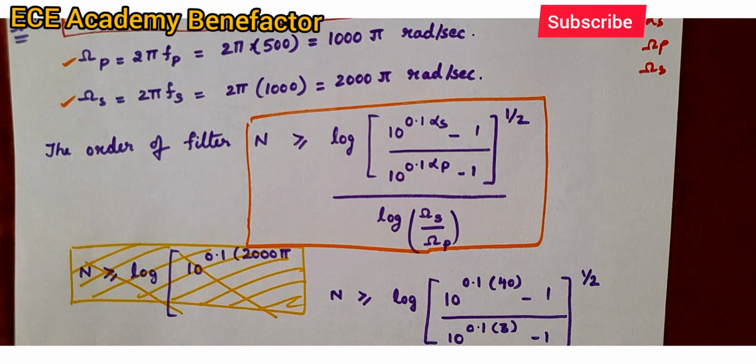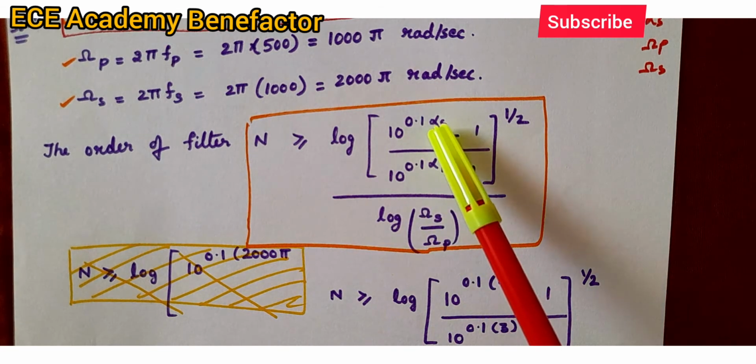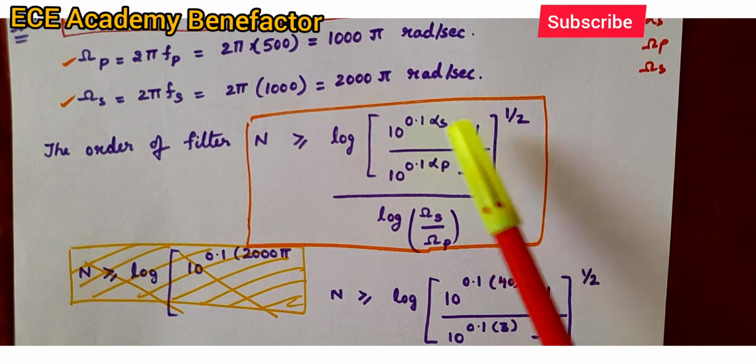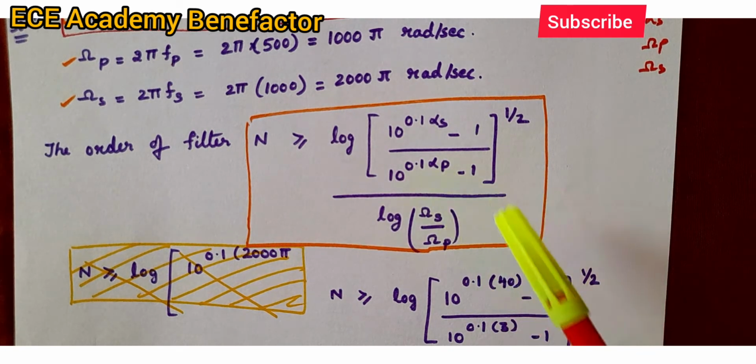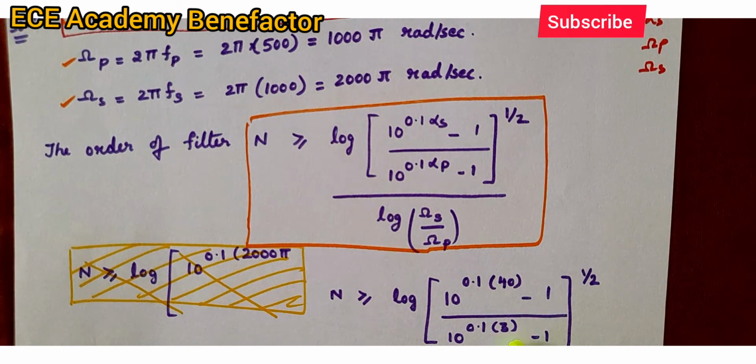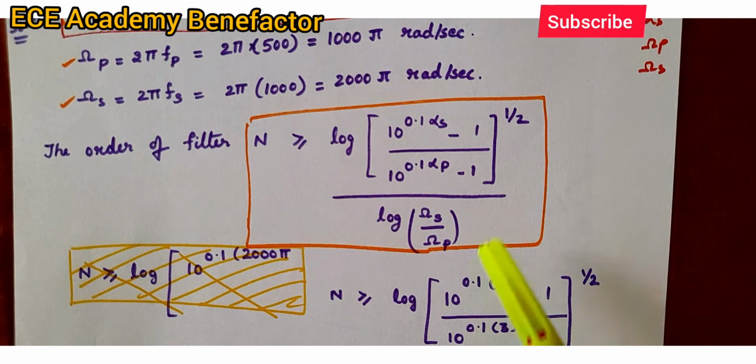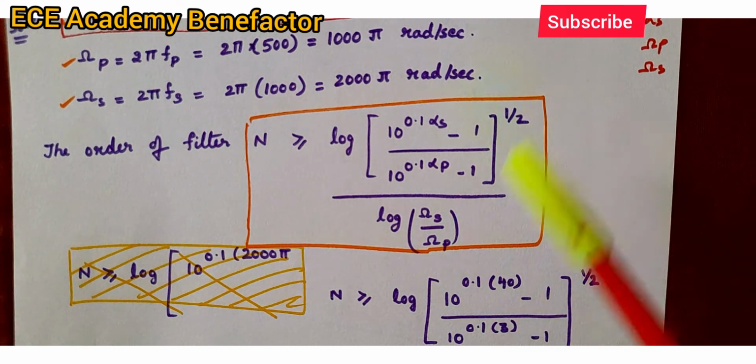On substituting here, what is the alpha s value? 40 dB. Alpha p is 3 dB.